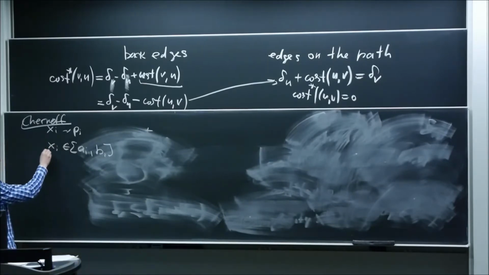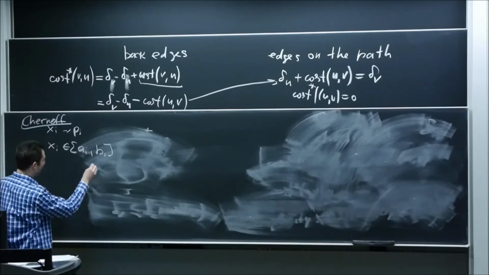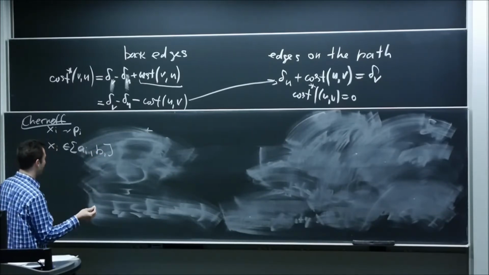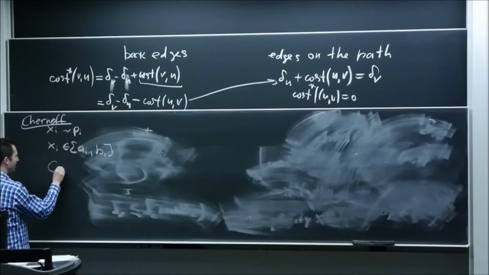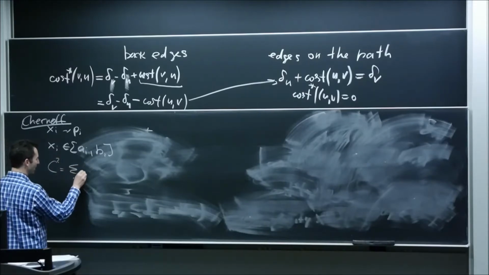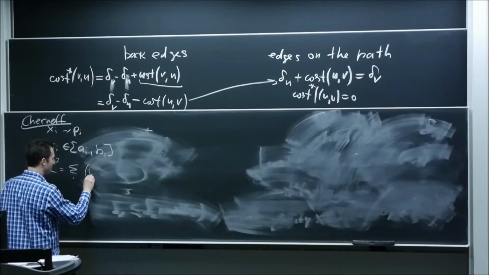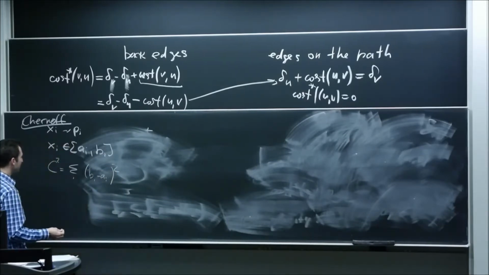So suppose I have some random variables xi ranging from ai to bi. This should not be any surprise because we've already done this before, right? Then I can define c squared to be the sum over i of (bi minus ai) squared.